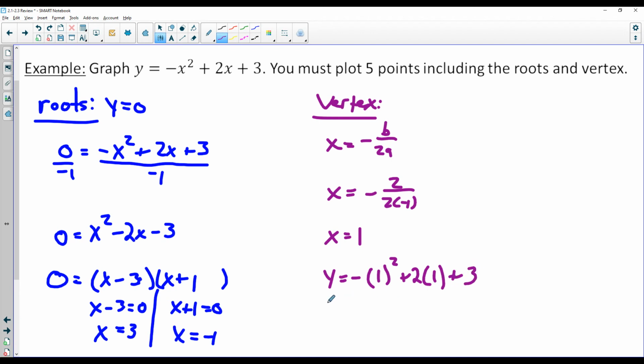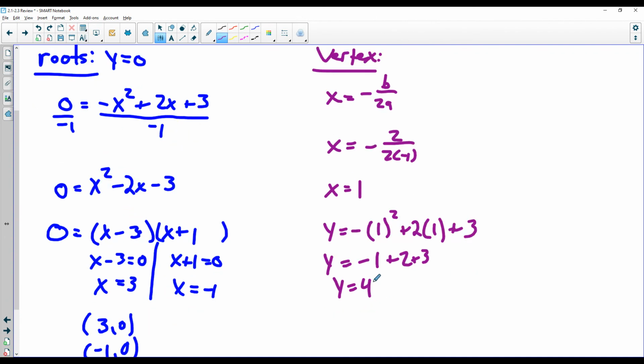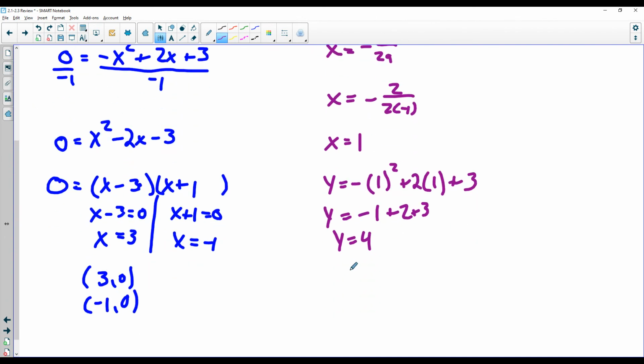So I get y equals negative 1 squared, which is just 1, that negative's on the outside, plus 2 plus 3. So really, we have y equals positive 4. And again, that is a point, (1, 4). Because we said x is 1, y is 4.